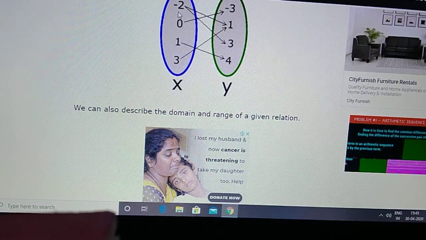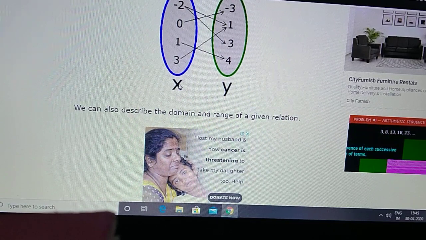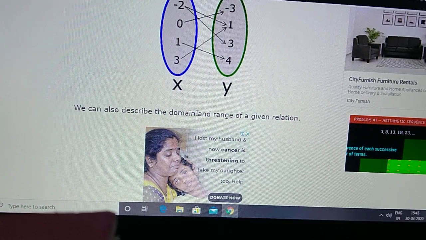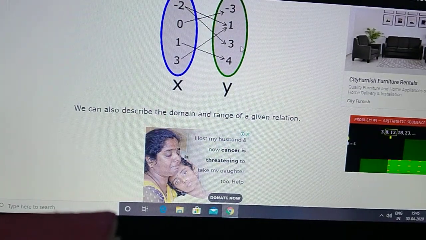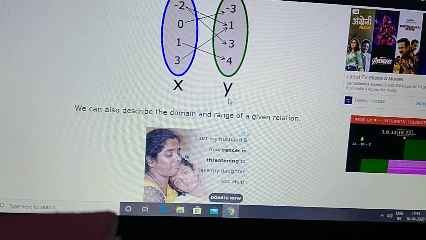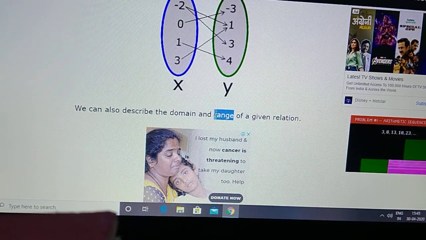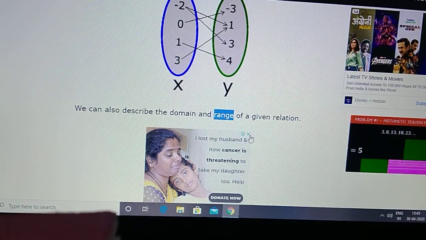For example, -2, 0, 1, 3 is the set of x, which is known as the domain. Moving ahead, -3, 1, 3, 4 is the set of y, known as the range. Hope you have understood.